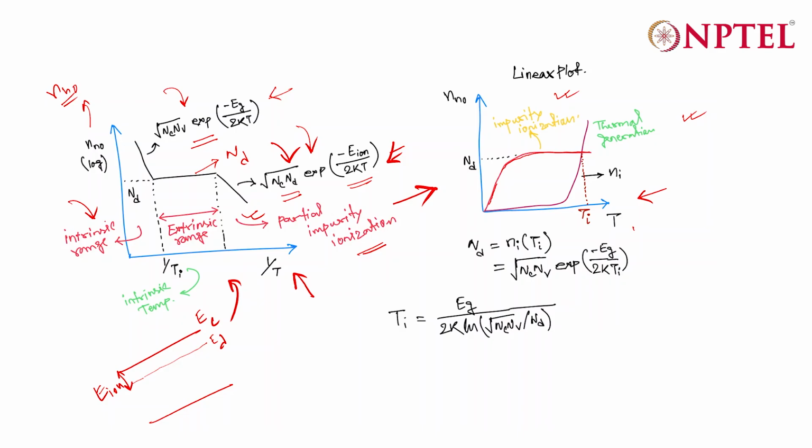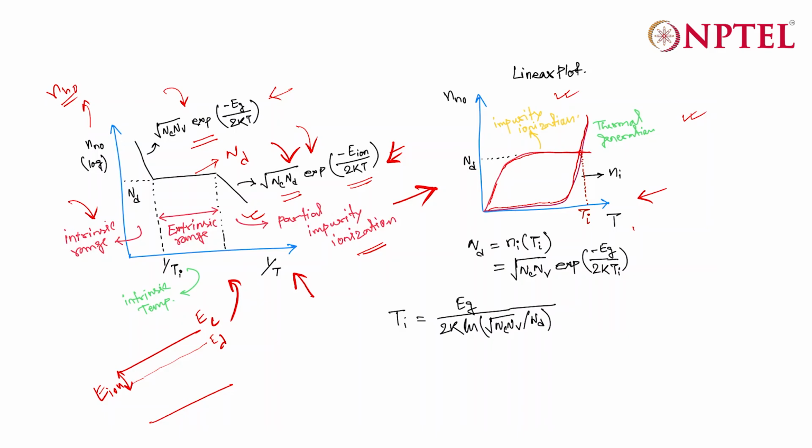However, in case of thermal generation at low temperature, the electron hole pairs will be fewer because fewer electrons and holes will be generated when temperature is low. After a certain temperature, you will find that the thermal generation is increasing exponentially.